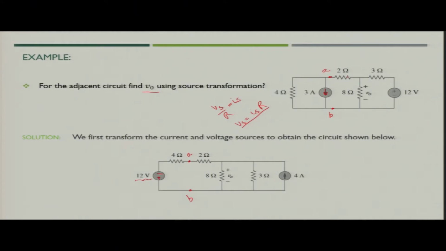Next, what you have to do? You can see easily that 4 ohm and 2 ohm resistances are in series.